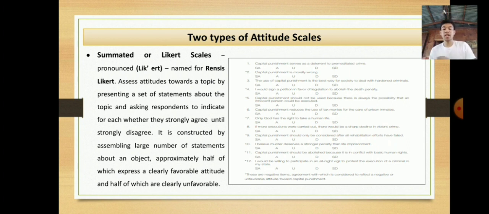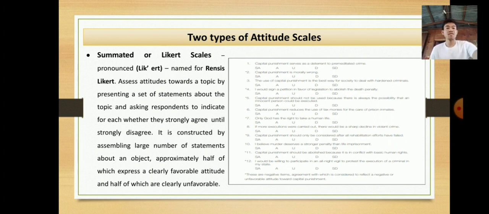Meron tayong pagpipilian, SA which is strongly agree, agree, undecided, disagree, or strongly disagree. May nakikita tayong may asterisk, yung number 2, 4, 5. Sila naman tinatawag na negative. Yung walang asterisk, yung positive. Yung negative statement, which is capital punishment is morally wrong, unfavorable statement yon.